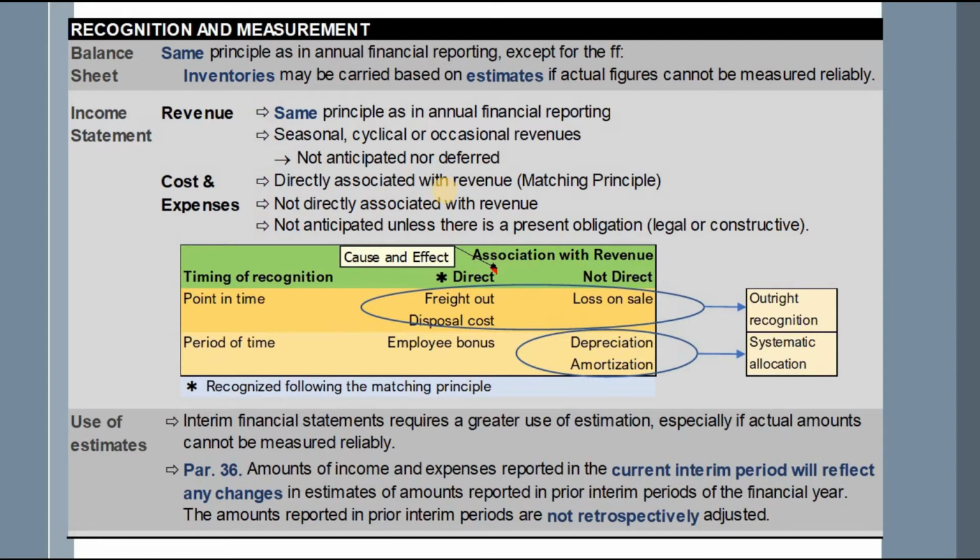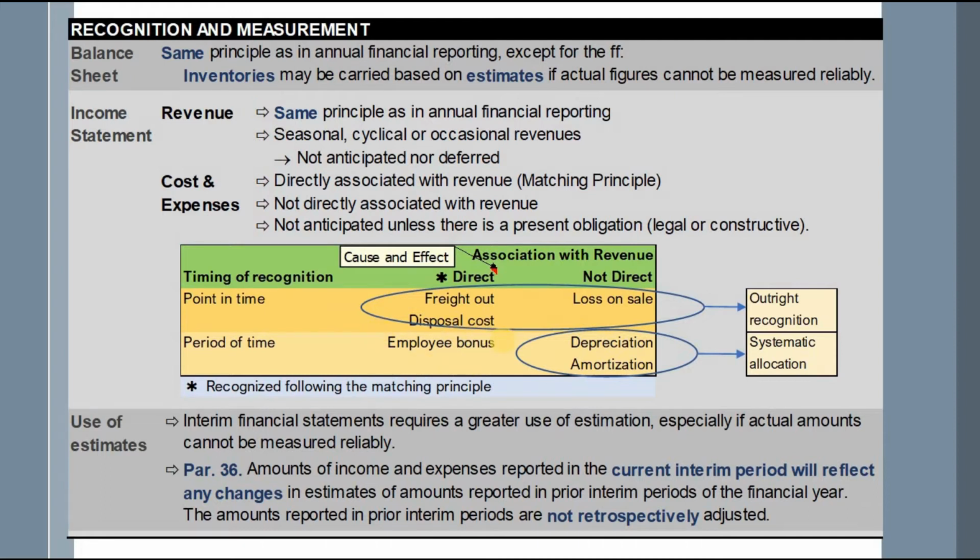So the examples of expenses that are directly related to a revenue is the freight out. Of course, freight out is a delivery expense. So the delivery expense should be recognized during the period the related sales has been recognized as earned, as well as the disposal cost. So for the disposal cost, this should be recognized as expense during the same period the gain or loss on sale from the disposal has been recognized, and as well as employee bonus.